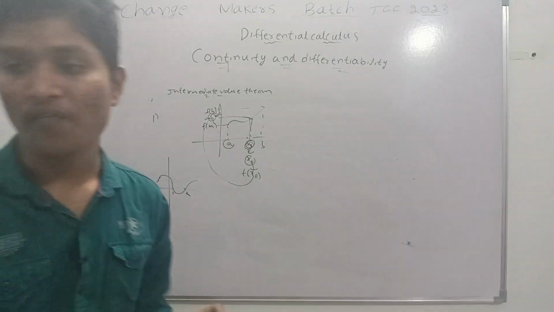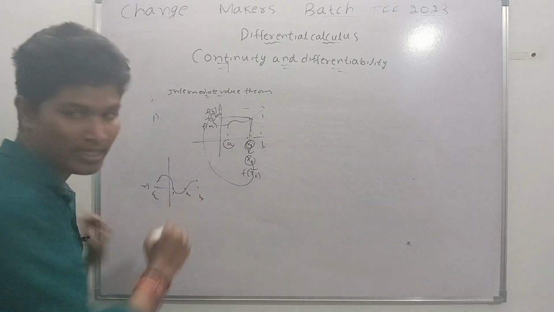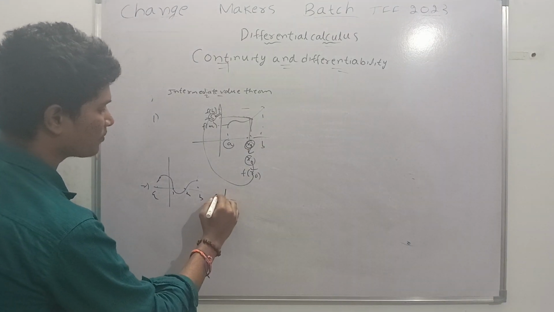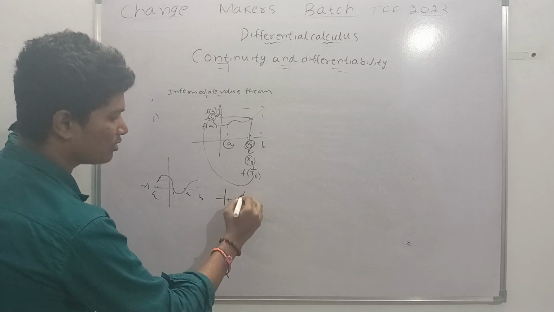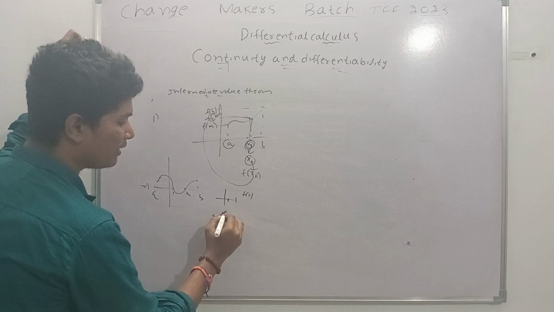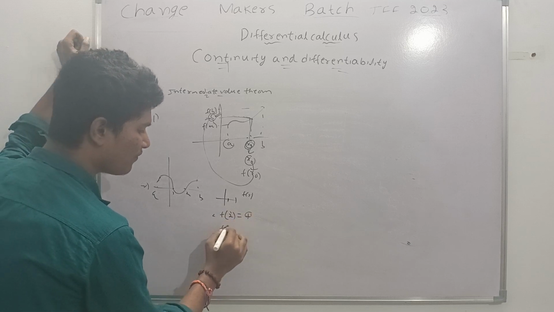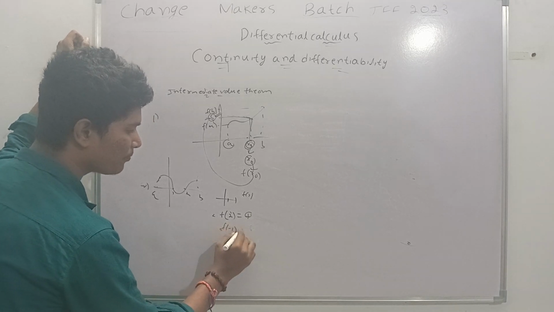If f of x is continuous, and you take these points as a and b, suppose f of 2 is positive and f of 1 is negative. Suppose f of minus 1 is negative.